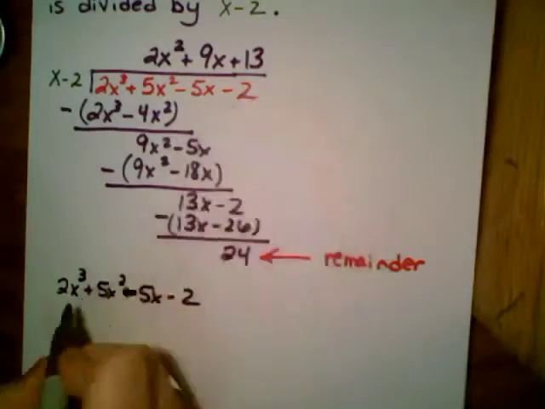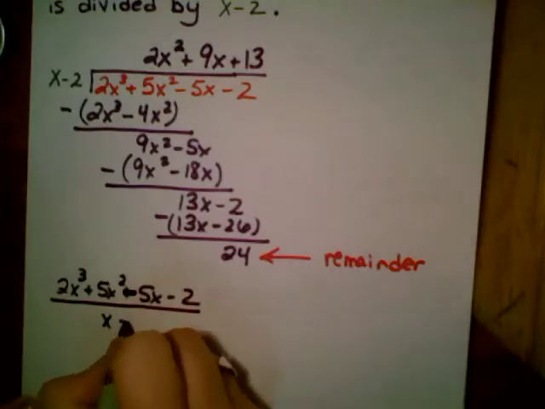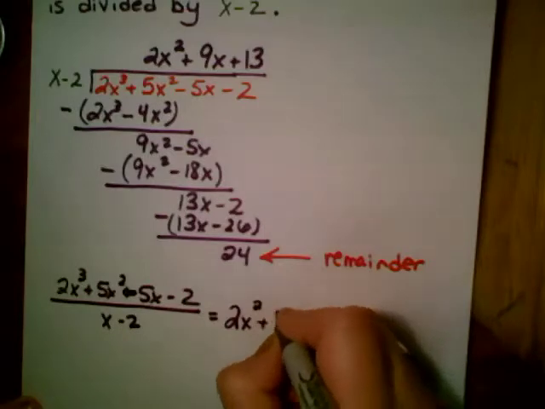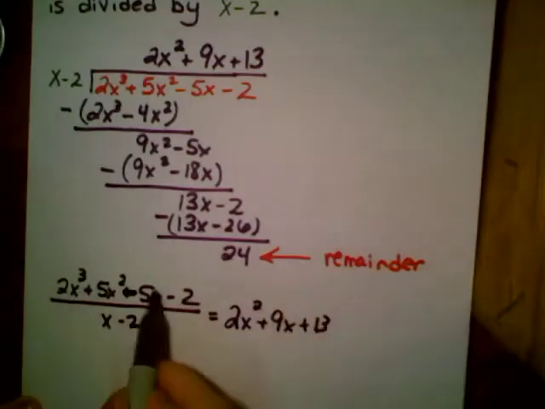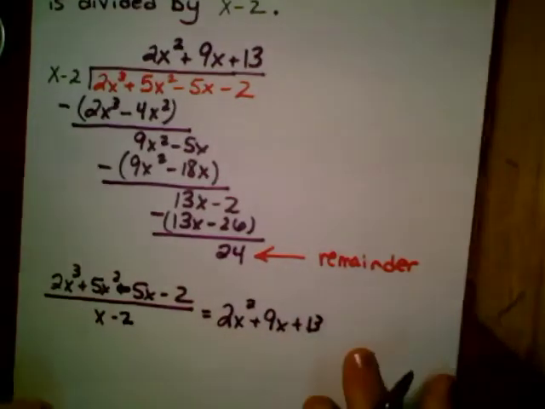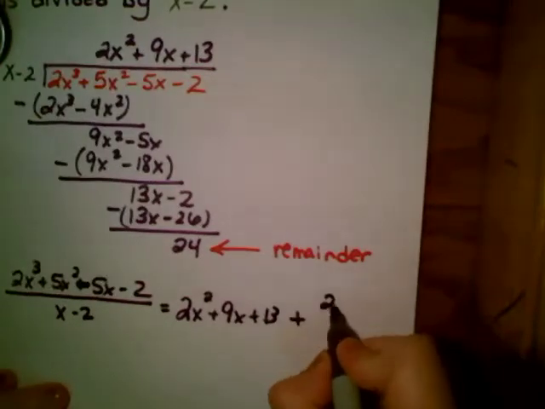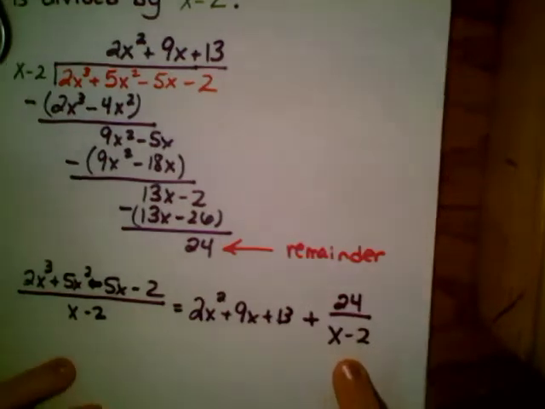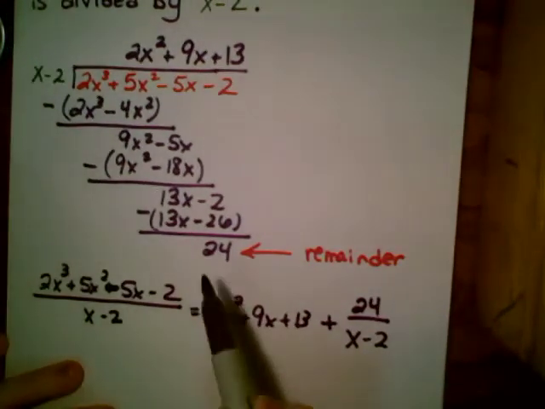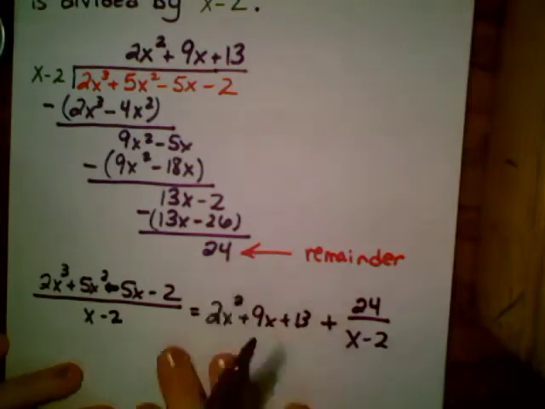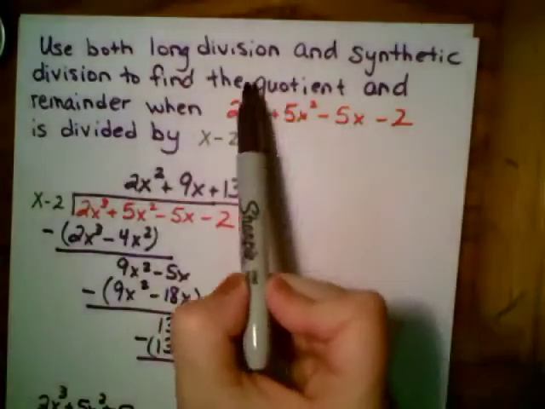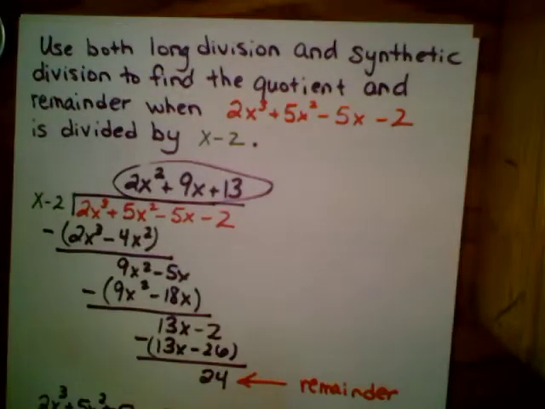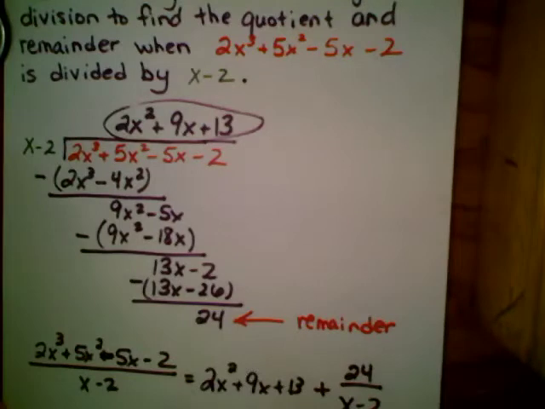So the dividend divided by the divisor ends up being this quadratic quotient, plus our remainder 24, which is written back over the original divisor. Okay, so we've answered our question. We wanted to find the quotient and the remainder when we divided. Here's our quotient, and 24 was our remainder.